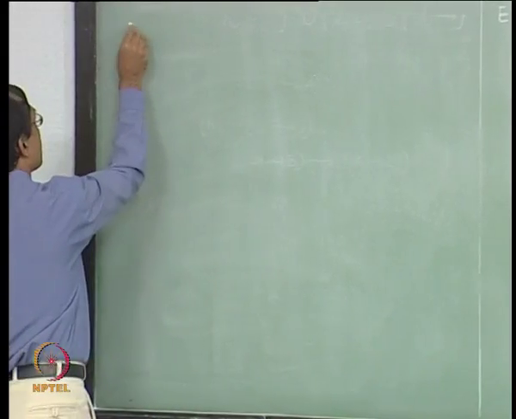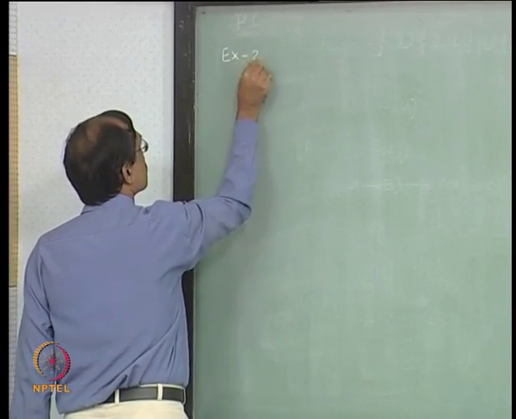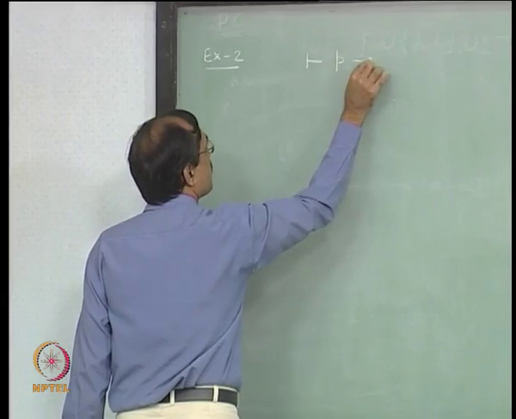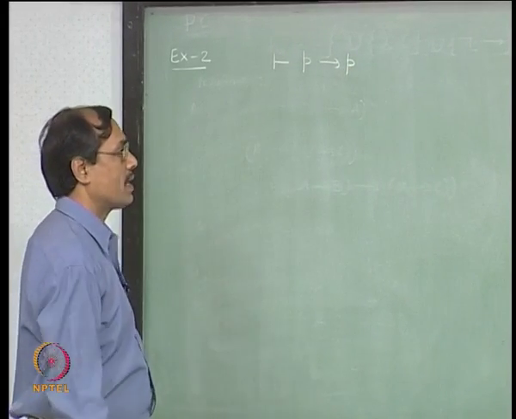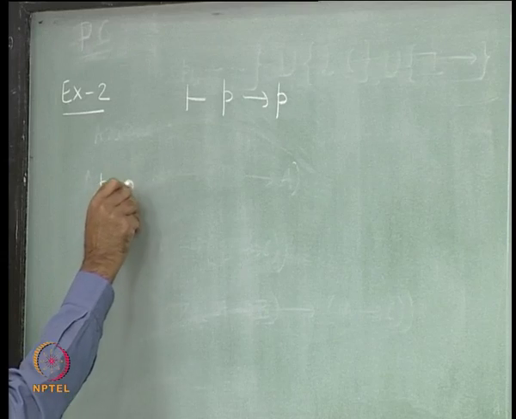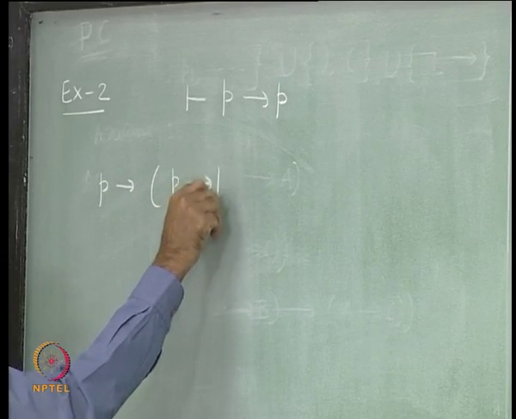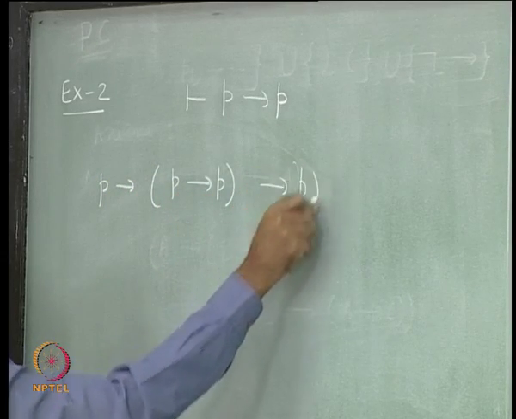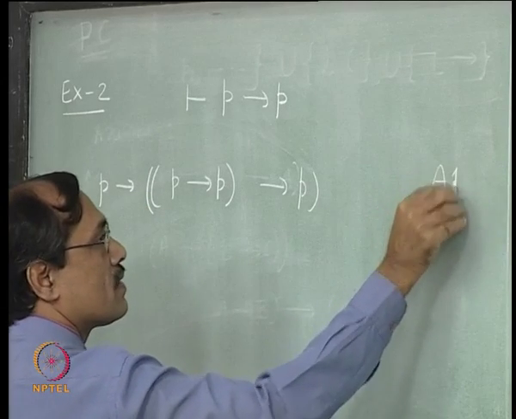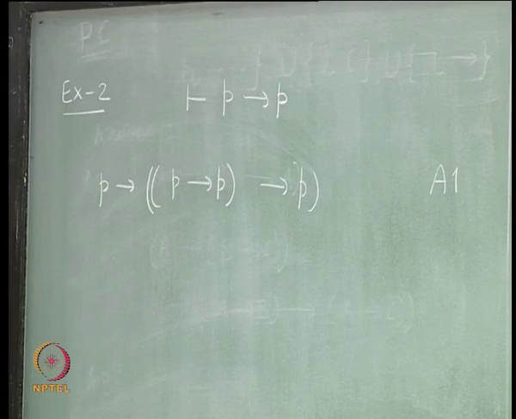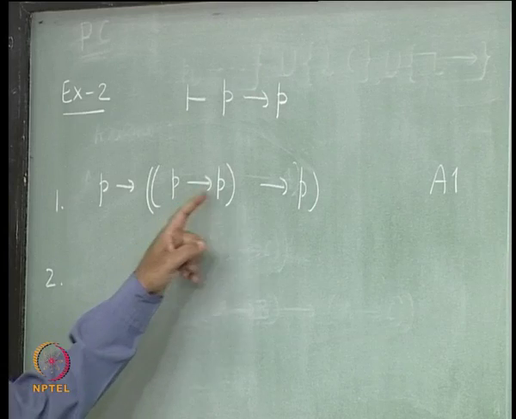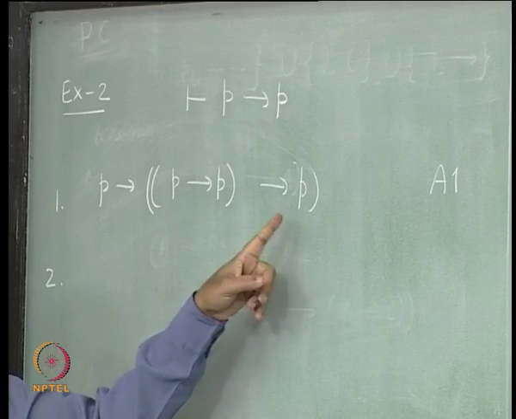Okay. So, where are we now? We wanted to show P implies P. Our plan is to start with P implies (P implies P) implies P. This is axiom 1. This is what the first line reads, with P implies P instead of B. Then from this A implies (B implies C), we go for axiom 2.